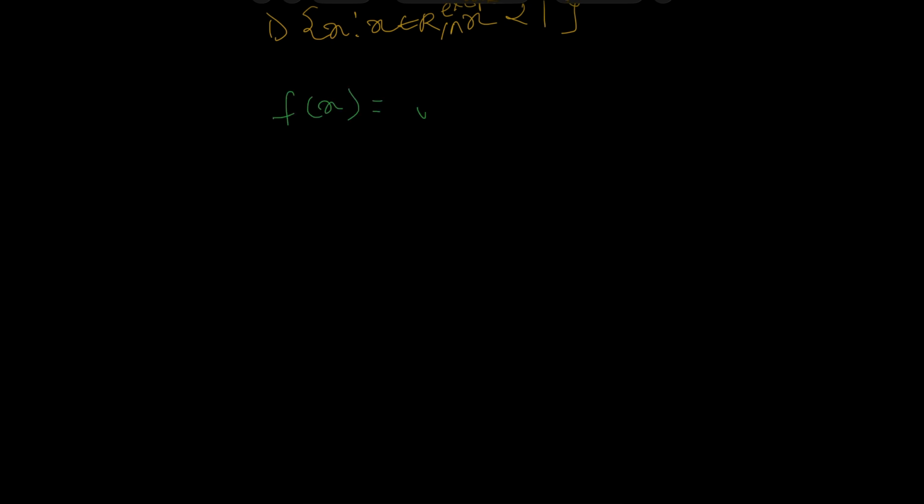F of x equals square root of 5x plus 1 over 3x minus 7. You can pause the video at any time and solve this, and compare if your answer is correct.